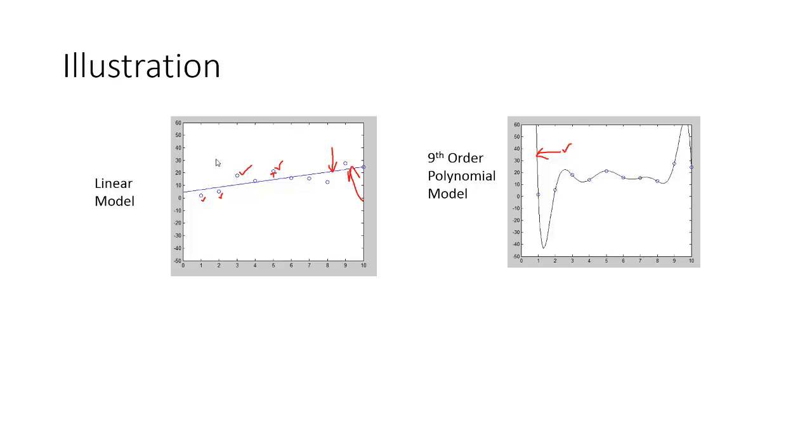I'm letting you in on the secret that I created these data points through y equals b0 plus b1 x, and not x squared and x cubed, but there was some error, some noise, like any regular system. So given this, it looks like the 9th order polynomial still did a better job of fitting.